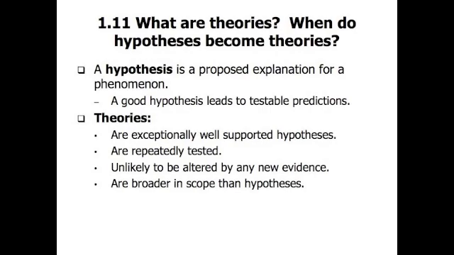A scientific theory, on the other hand, is an explanatory hypothesis for natural phenomena that is exceptionally well supported by empirical data. A scientific theory can be thought of as a hypothesis that has withstood the test of time and multiple experiments and is unlikely to be altered by any new evidence.